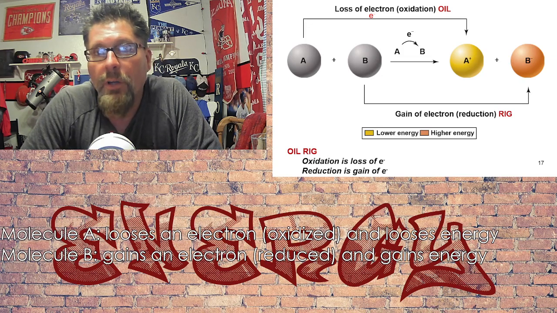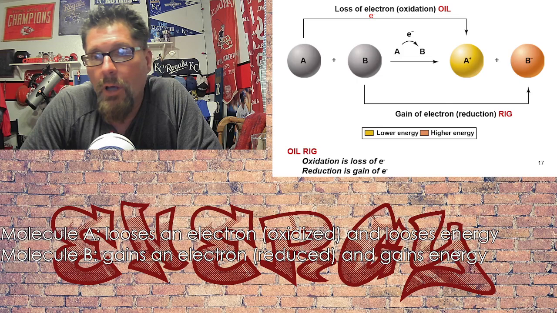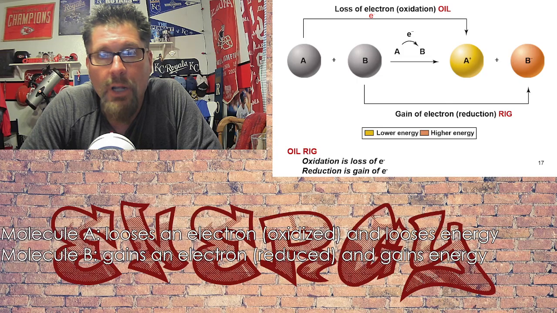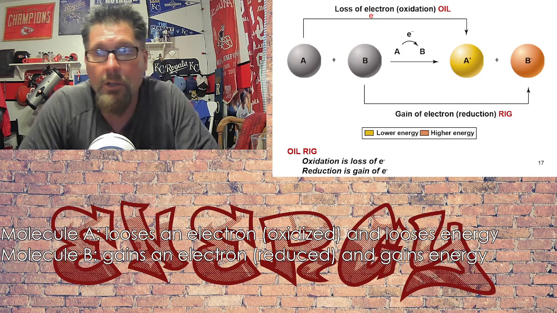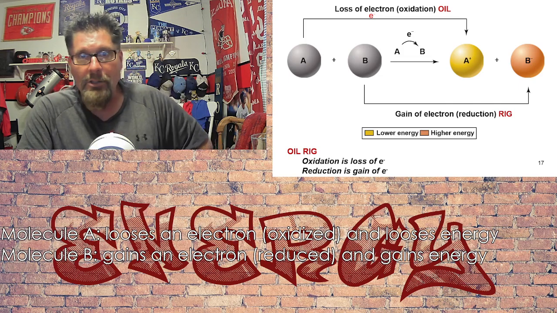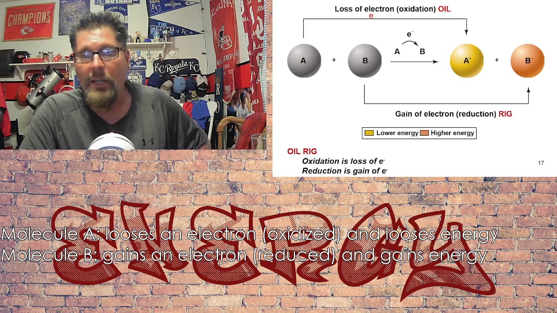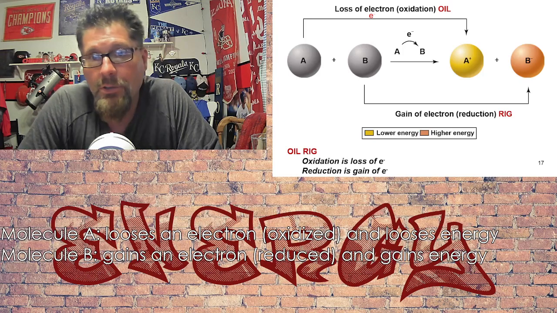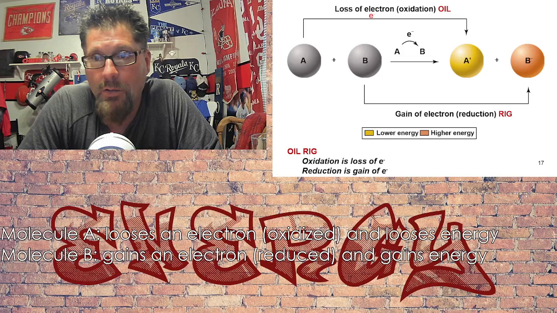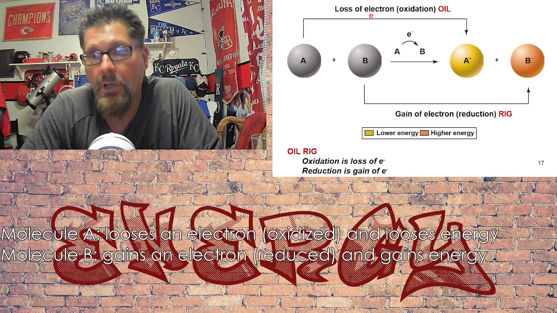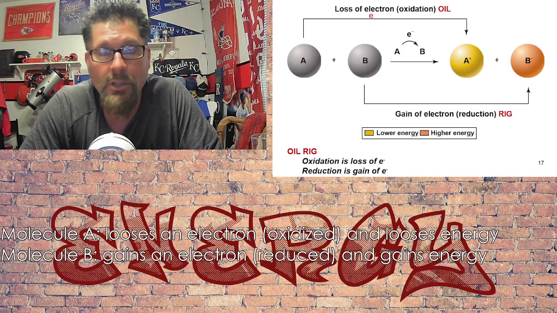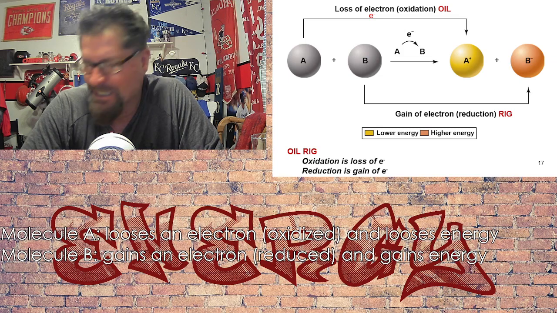Now, in this situation, molecule A loses an electron, so it's being oxidized, and because it's losing that electron, it loses energy, because the hydrogens and the electrons, that's where the energy is. Molecule B is gaining an electron, so it's being reduced, and it also gains energy because of the electrons.